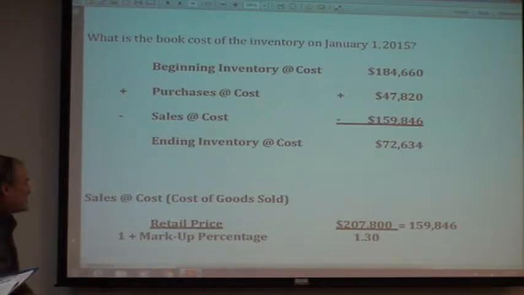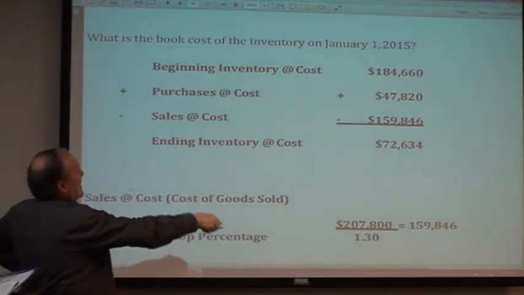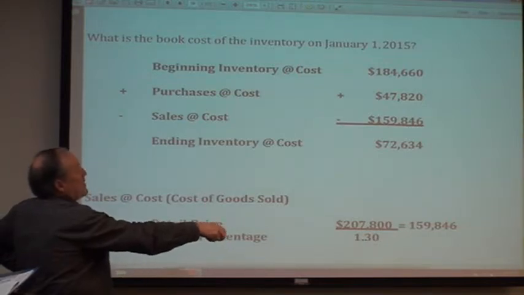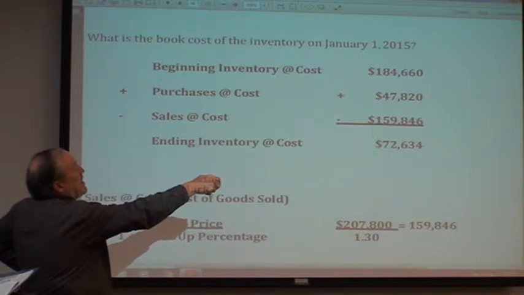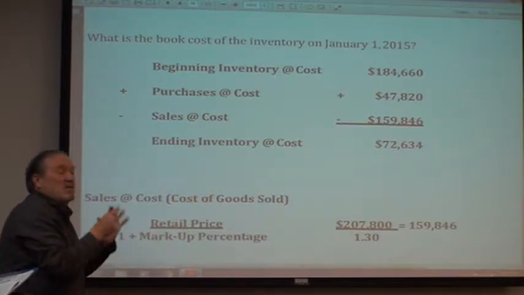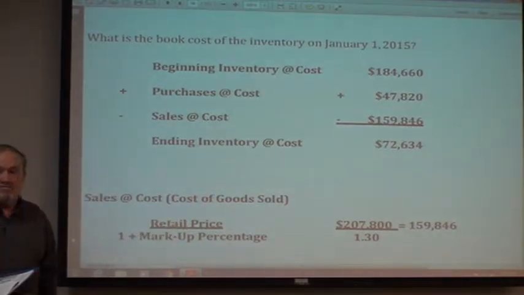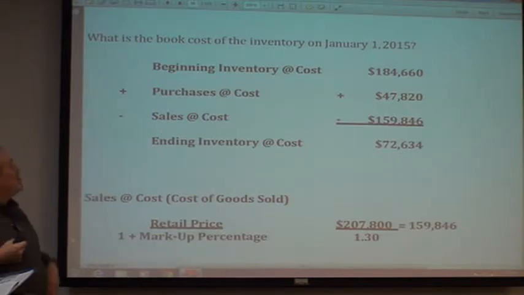So we took the 207,800 in sales, divided by 1.3, and got 159,846. So we had our beginning inventory cost, our purchasing cost, then that stuff we sold is gone now. We converted it to cost, so our ending inventory is gonna be roughly 72,634.